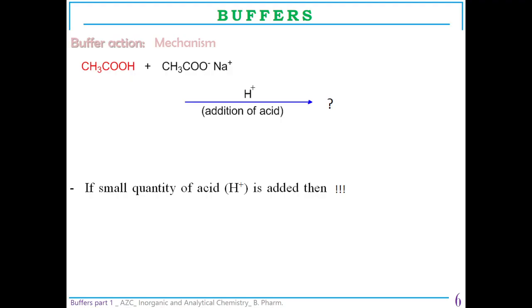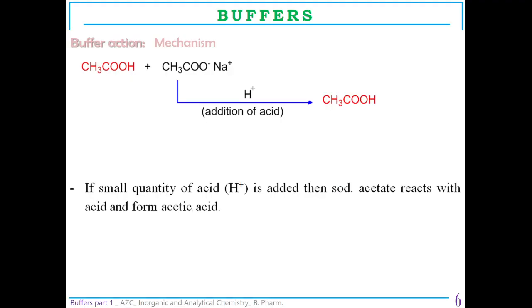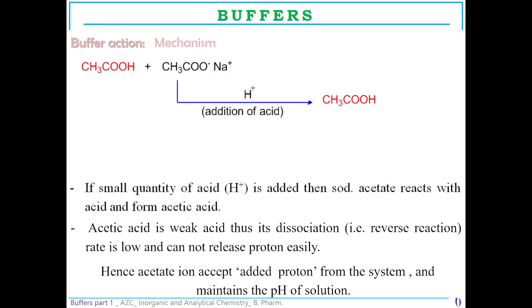If small quantity of acid is added, then sodium acetate reacts with acid and forms acetic acid. Acetic acid is weak acid, thus its dissociation, that means reverse reaction rate, is low and cannot release proton easily. Hence, acetate ion accepts added proton from the system and maintains the pH of solution.